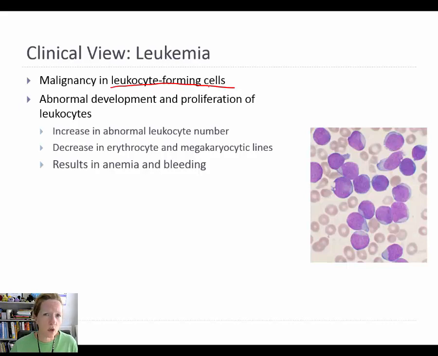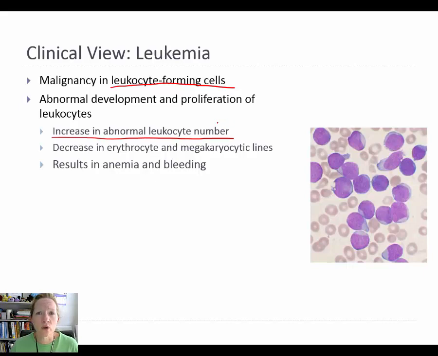We talked about those two, so it could come from those two. What happens is that you have an abnormal development and proliferation of leukocytes from whichever line it comes from. So because of that, the red bone marrow is putting out all of these abnormal leukocytes.